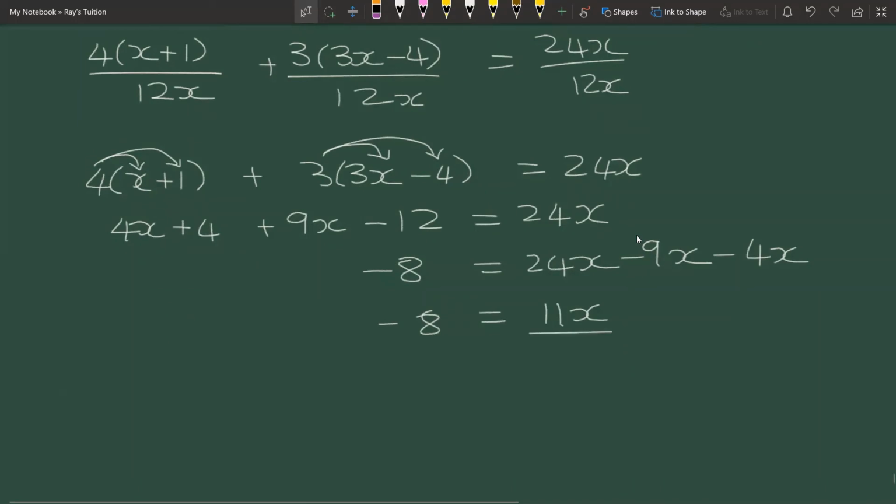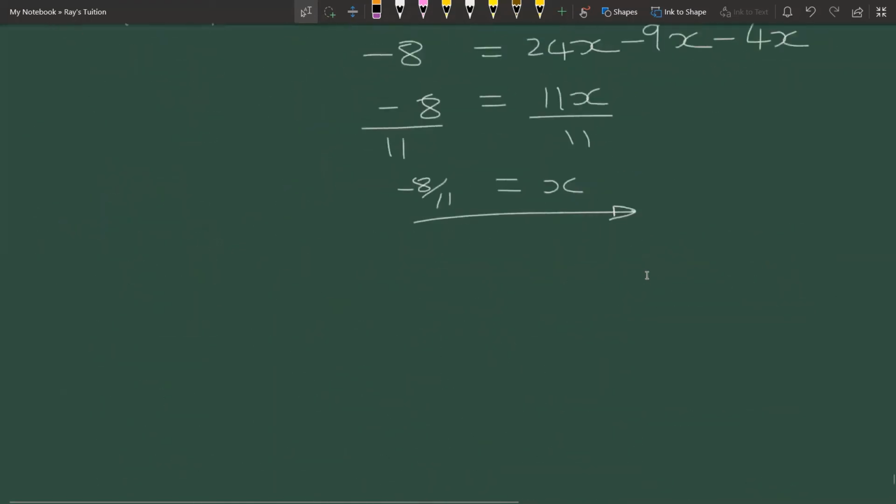And then we're going to divide both sides by 11 to get x by itself, and we have x is minus 8 over 11. The last thing we have to do is state that the LCD is not equal to 0, so x is not equal to 0.